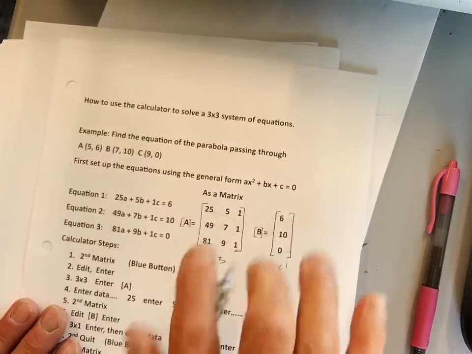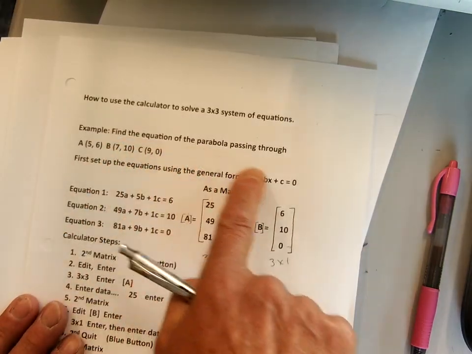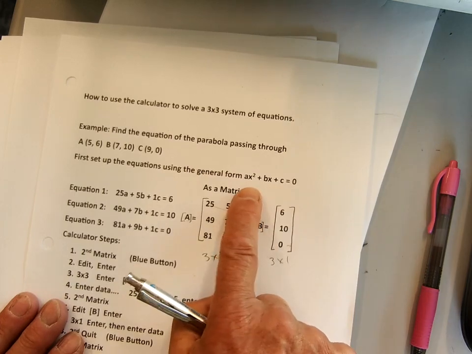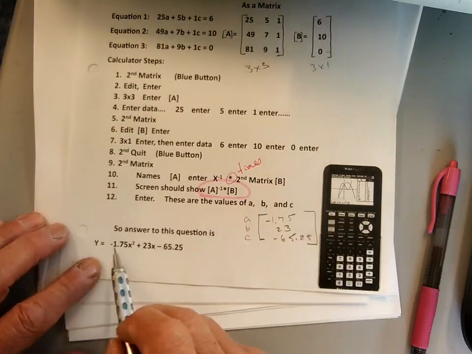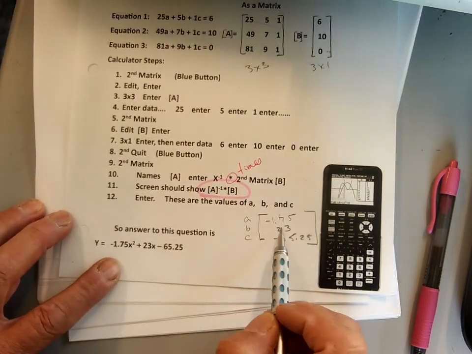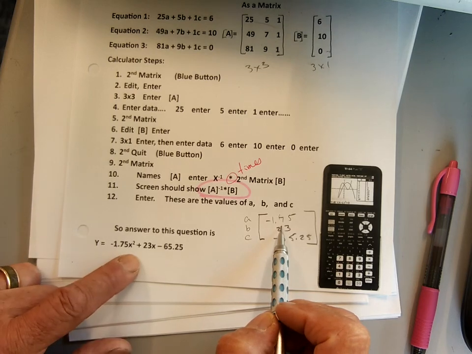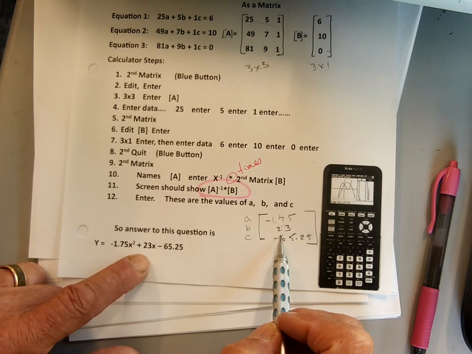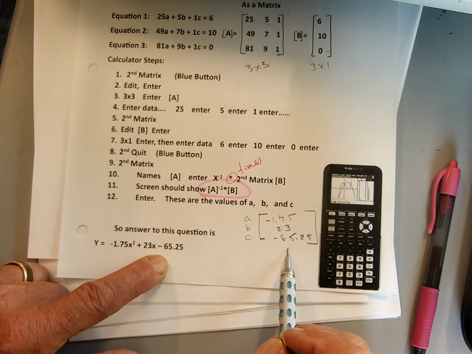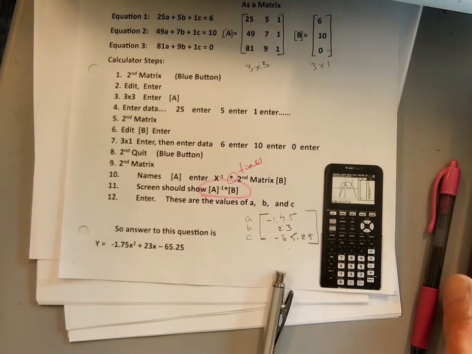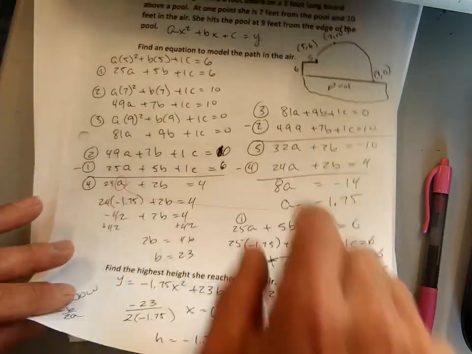The original question was, find the equation of the parabola. I found A, B, and C, so I rewrite: negative 1.75x squared, plus B, which is 23x, minus C, which is negative 65.25. A lot easier than doing all of that.